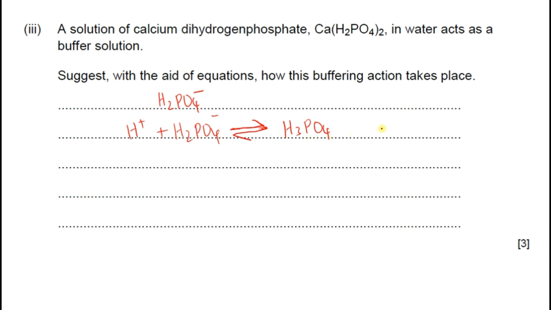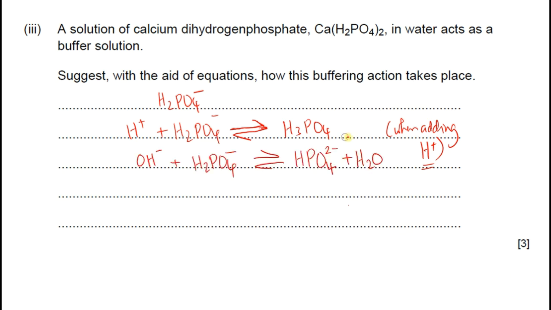So this is when adding small volumes of H plus, small concentration of H plus changes. As you know, a buffer can minimize changes to the pH if you add a small amount of H plus or OH minus ions. So this does it like that.